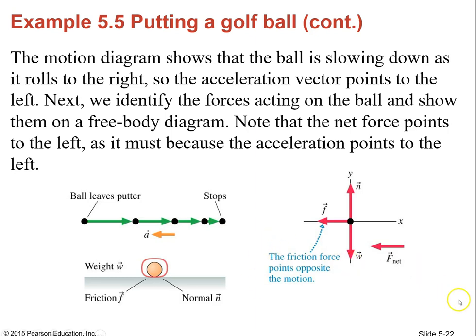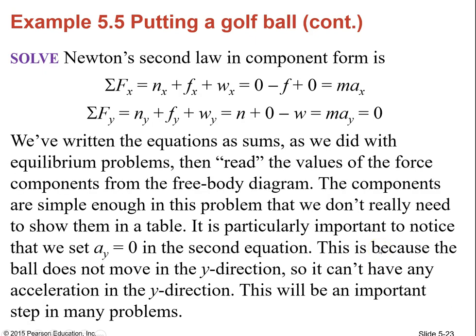Okay, so now if we look at the free body diagram here, we have the friction applied, the normal force, the weight force, and the net force now is backwards because the ball isn't going up or down. All right, so again, our total net force in the vertical is 0, but in the x there is an acceleration. We have to take the normal force, the normal force x component, which is 0.